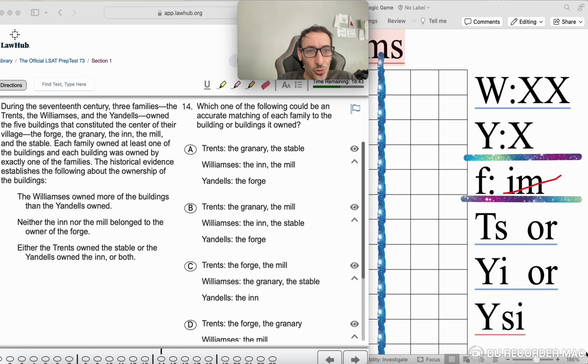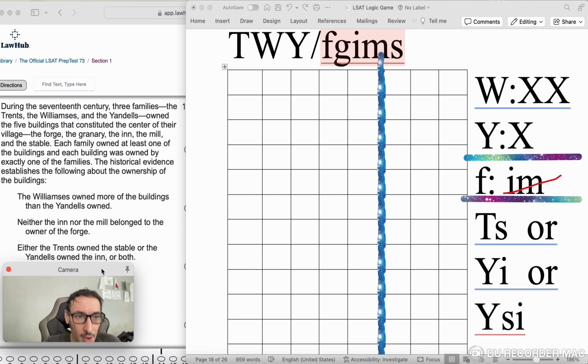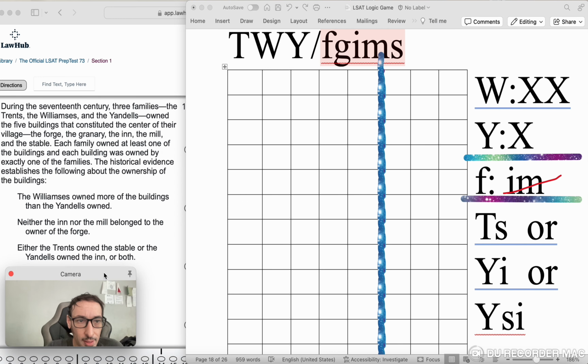During the 17th century, three families, the Trents, the Williams, and the Yandels, owned the five buildings that constituted the center of their village: the F, the G, the I, the M, and the S. Each family owned at least one of the buildings, and each building was owned by exactly one of the families.